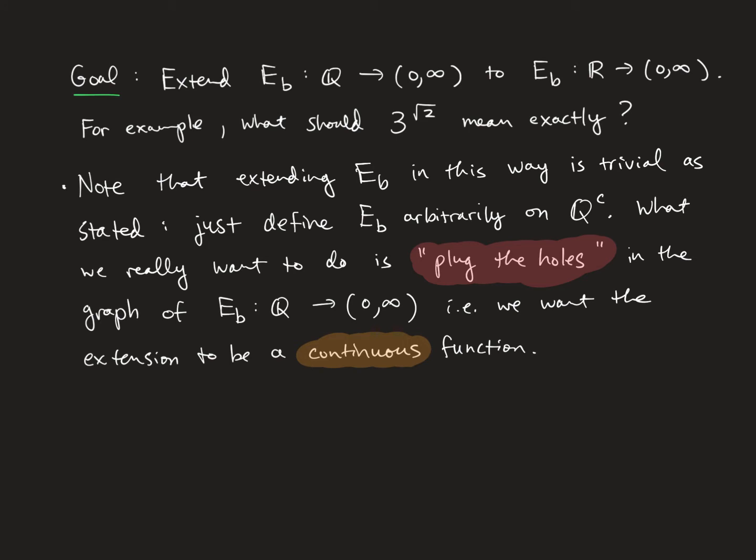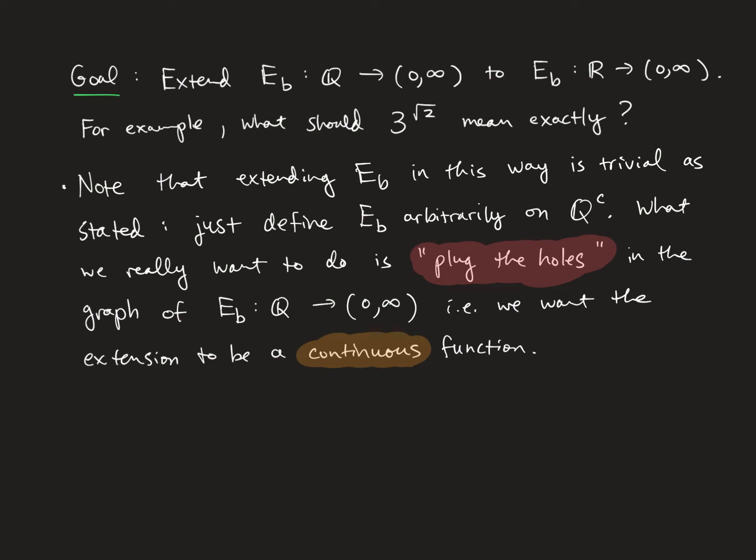So just note quickly that as stated here, extending this function from the rationals to the reals is actually trivial, because all we need to do is make this extension a function, so we can just arbitrarily define it on the irrational numbers. But that, of course, is not what we mean.